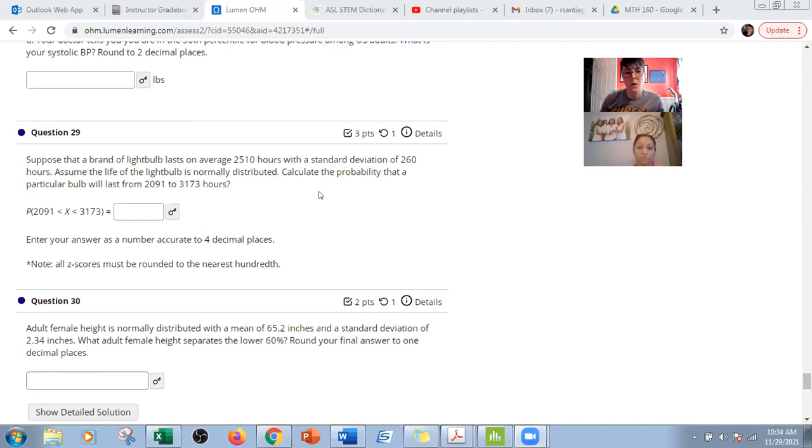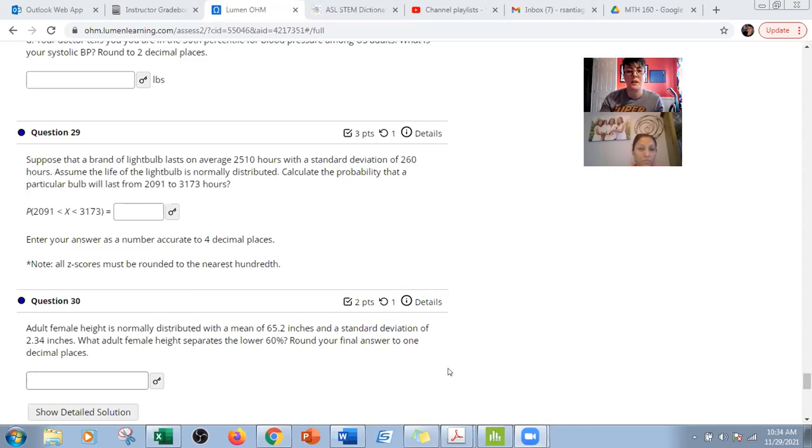So what we're doing, Stephanie, is we're just finding the z-score for each of these, and we want to find the area within this range, right? So we see that our x for the first one is 2091. So we've got 2091 minus the mean, which is 2510, over the standard deviation, which is 260.